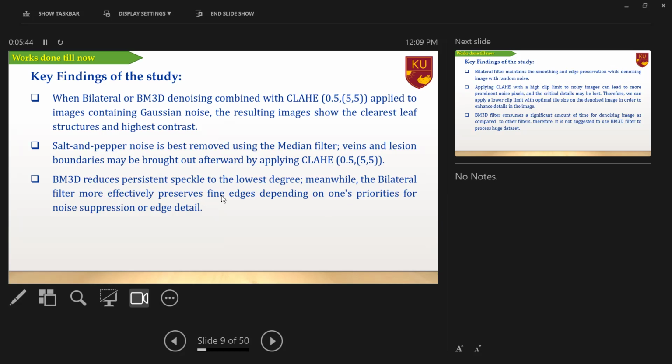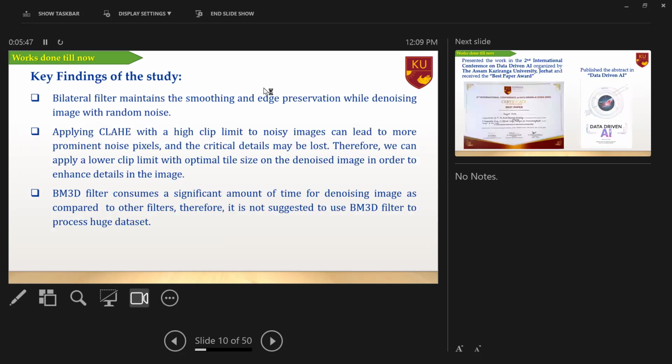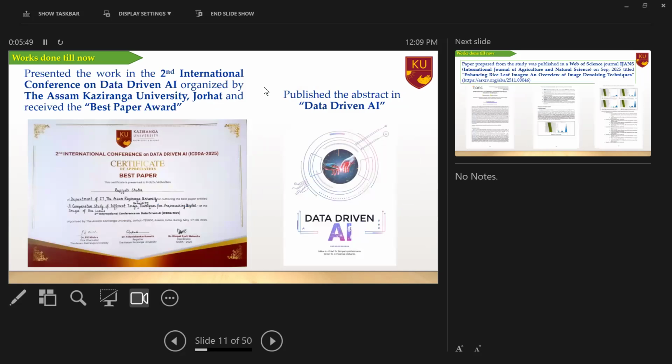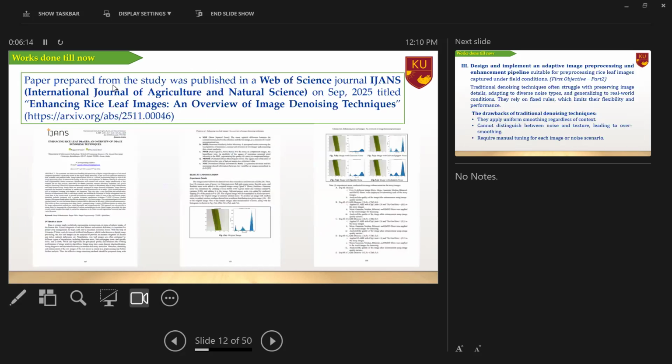This comparative study work we presented at the International Conference on Data-Driven AI, organized by Assam Kaziranga University, Jorhat, and it won the best paper award. The abstract was also published in the data-driven AI abstract book, and the paper was published in the International Journal of Agricultural and Natural Sciences in September 2025.